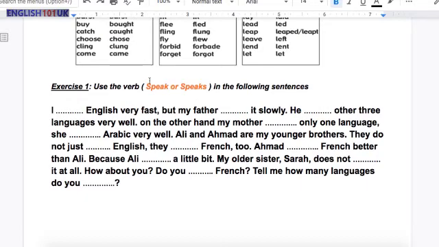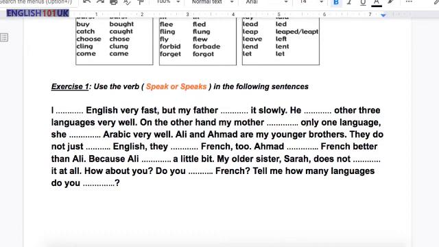Of course, I speak English very fast. But my father speaks it slowly. He speaks other 3 languages very well. On the other hand, my mother speaks only 1 language.